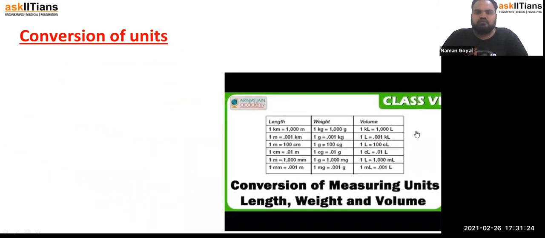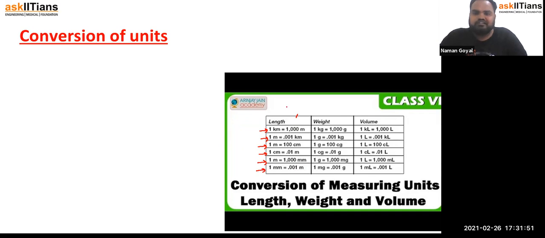Now see, there are some conversions. 1 kilometer is 1000 meter, 1 meter is 100 centimeter, 1 centimeter is 0.01 meter, 1 meter is 1000 millimeter, and similarly 1 millimeter is 0.001 meter.